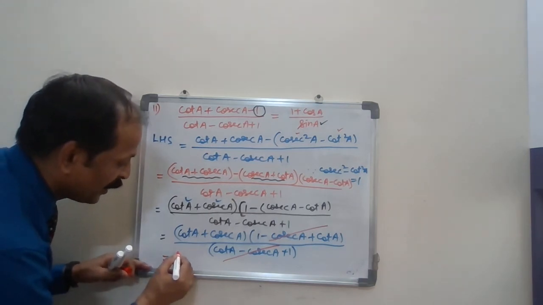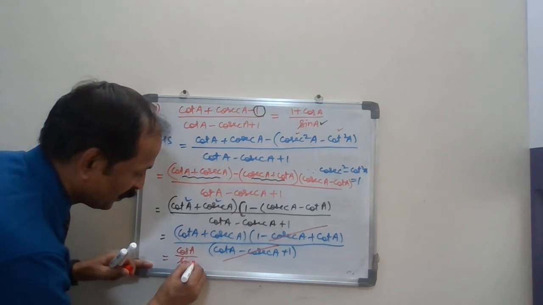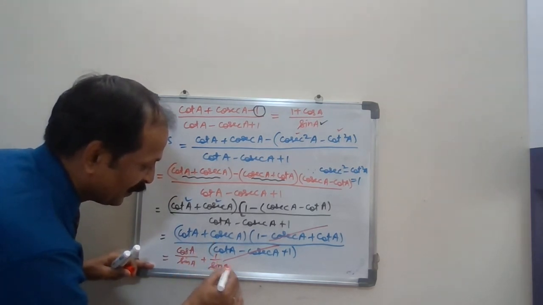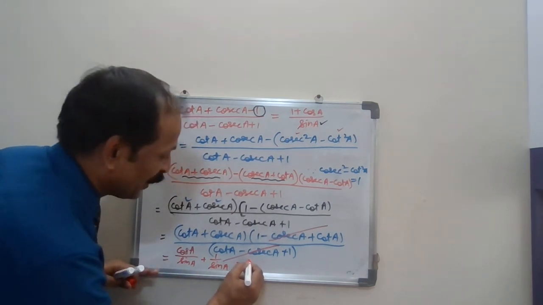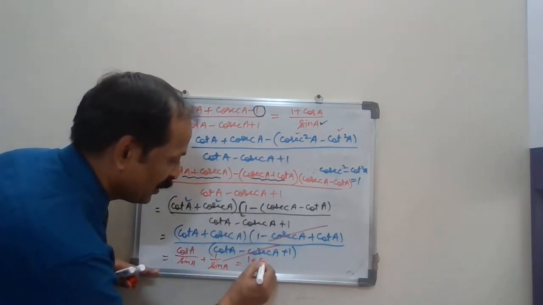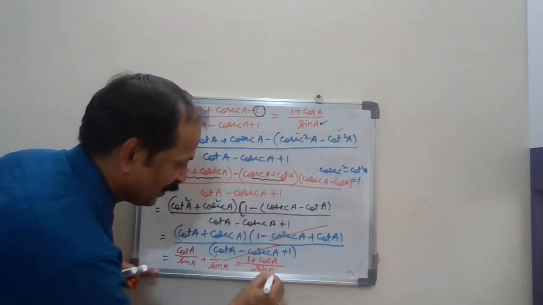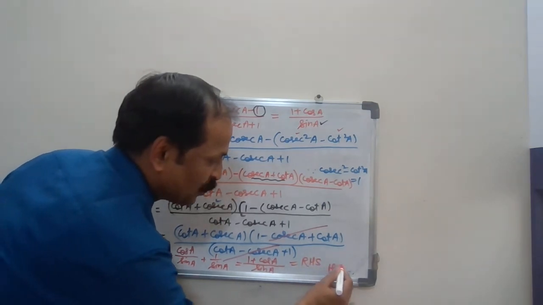Now cot A is cos A upon sin A, and cosec A is 1 upon sin A. And sin A is the LCM, so you can write 1 plus cos A or cos A plus 1 upon sin A, which is your RHS. Hence proved.